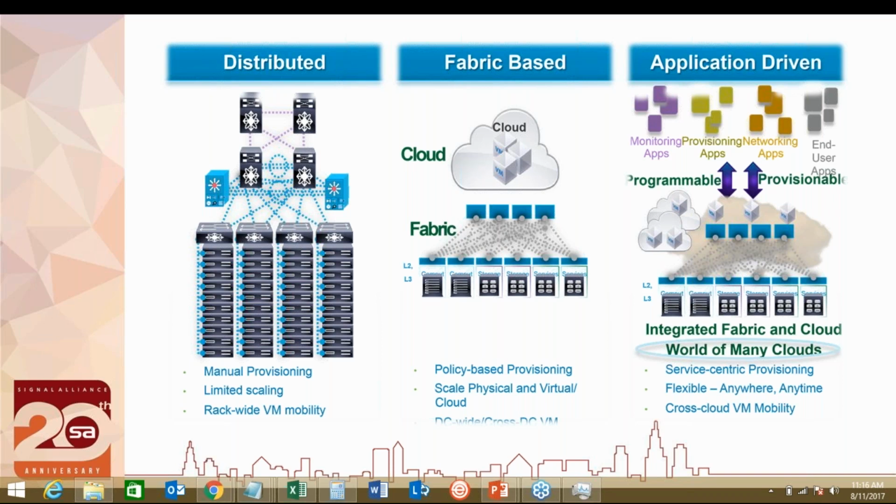All of this has been hardwired into the fundamental architecture of SDN because of things like network programmability, but I don't want to go too much into the technical details.